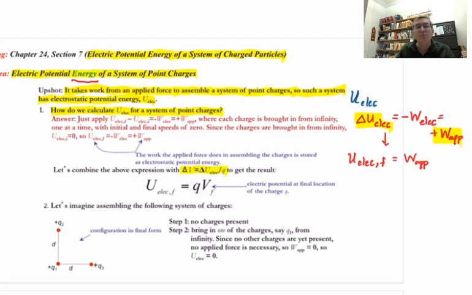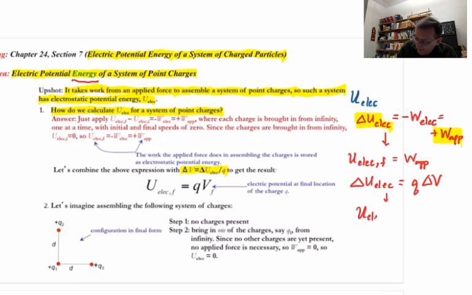If I've got moving charges, then the change in the electric potential, delta V, is equal to the change in the electric potential energy, delta U elect, over the charge that was moved. Delta V equals delta U elect over Q. Let's just rearrange that. Delta U elect equals Q times delta V. But the initial values of the U elect and the V are zero, so that's really just U elect final is Q times V final.